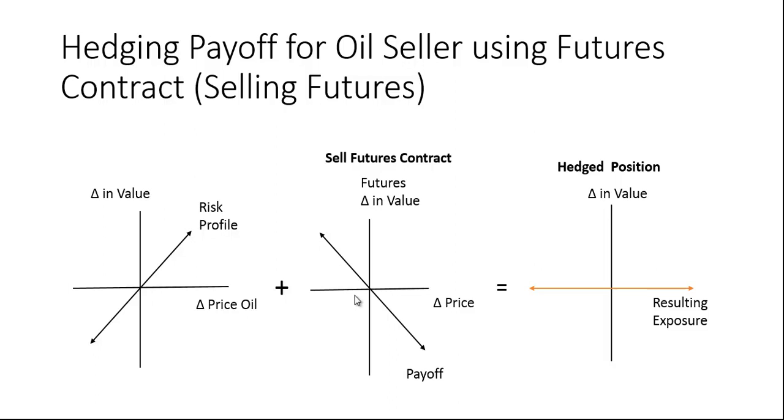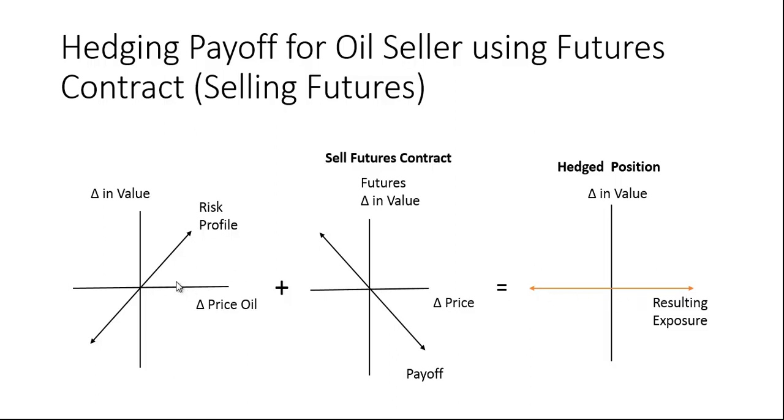So if you put these two positions together, what you get is this horizontal red line, where if you lose $1 because price went down, you make $1 over here in this position with your futures contract, and that offsets the loss.